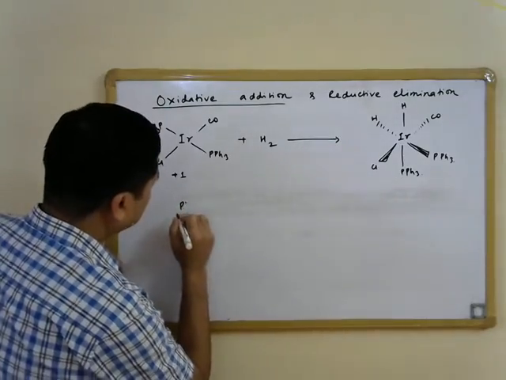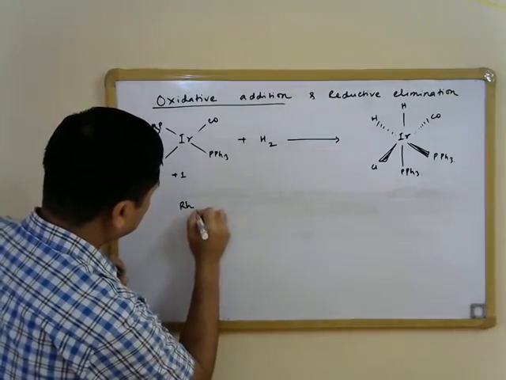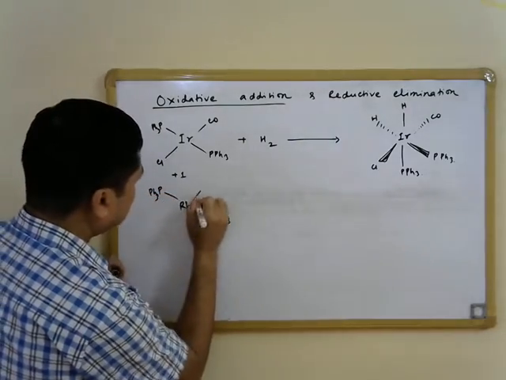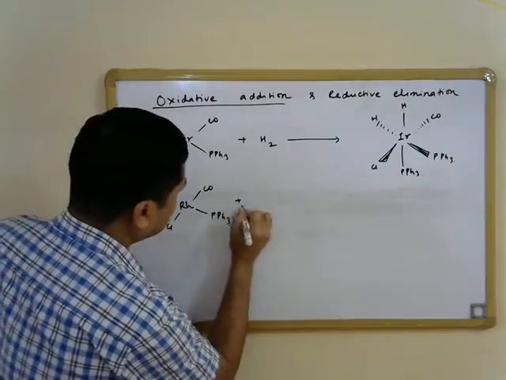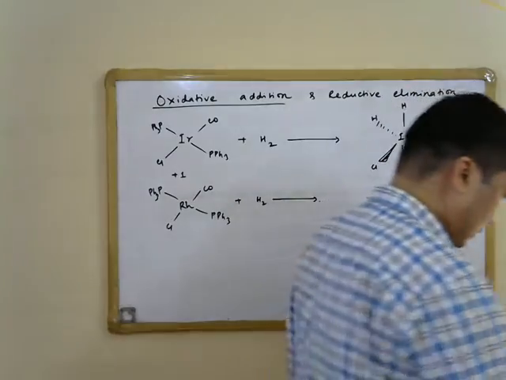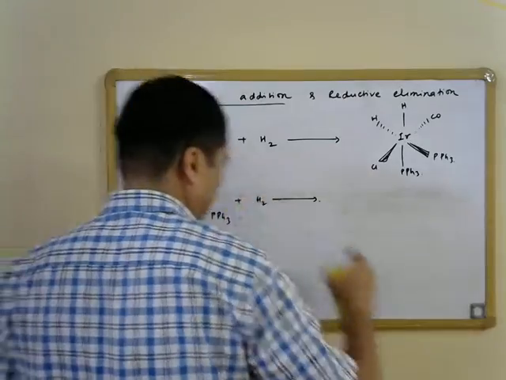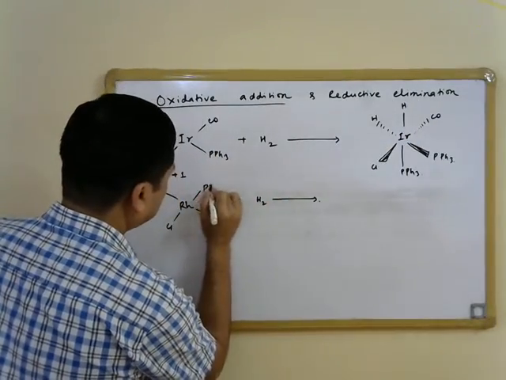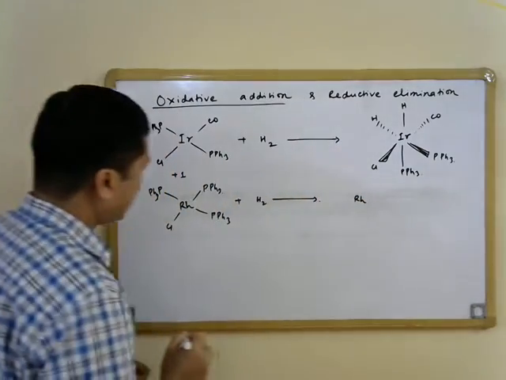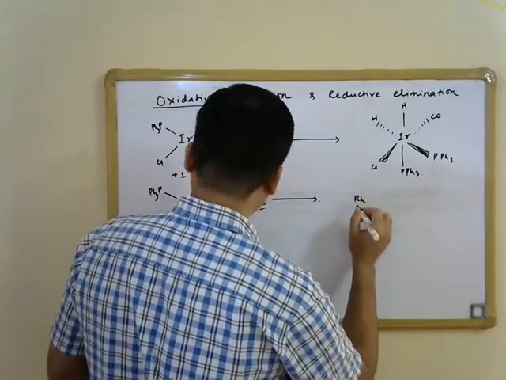So the Wilkinson catalyst, with PPh3 ligands, undergoes oxidative addition reaction with again molecular hydrogen during the hydrogenation of olefin.